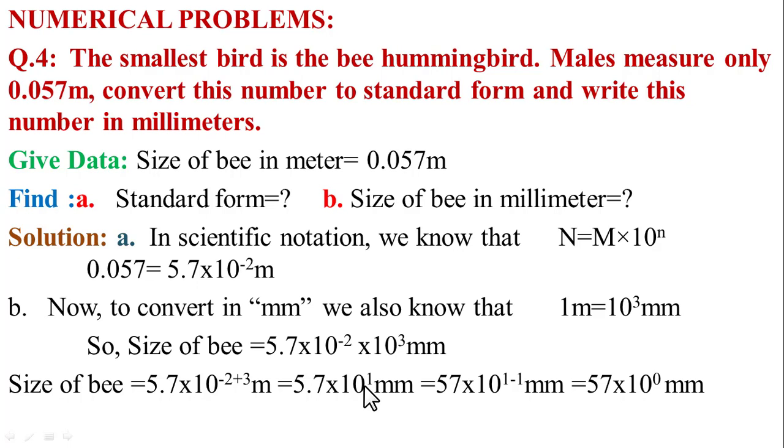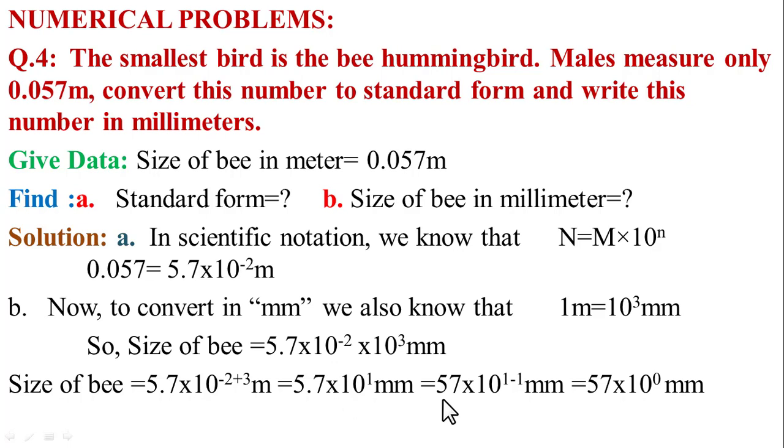Here we can also write in standard form: 57 multiplied by 10 raised to power plus 1 minus 1, because the decimal place moves from left to right, so the power is negative.